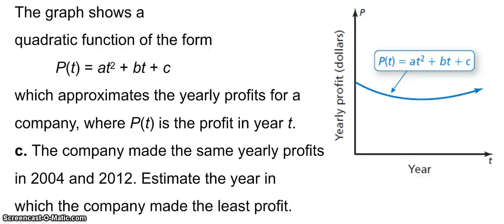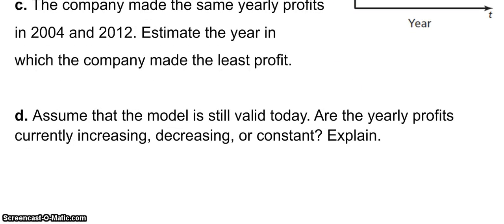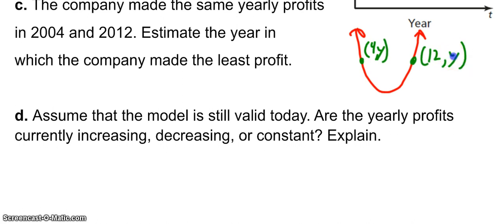Well, again, if we know it's a parabola, we know that there is symmetry, right? And so if I think about this, if I just draw a generic parabola, and I'm going to call this point (4, y), and I'm going to call this point (12, y), then I know the minimum, right? So when did it make the least?